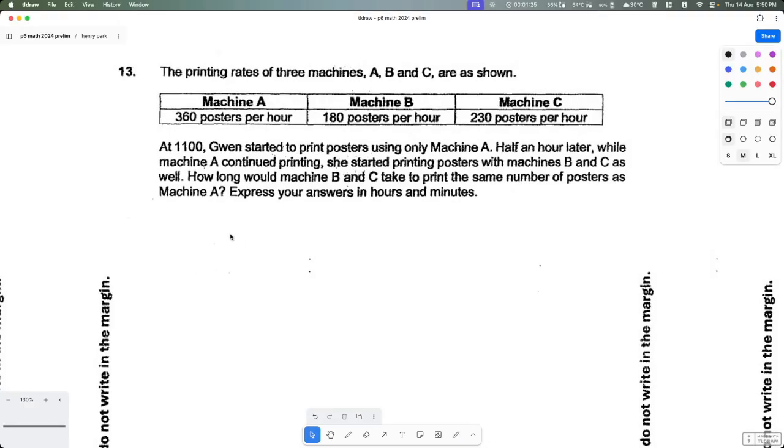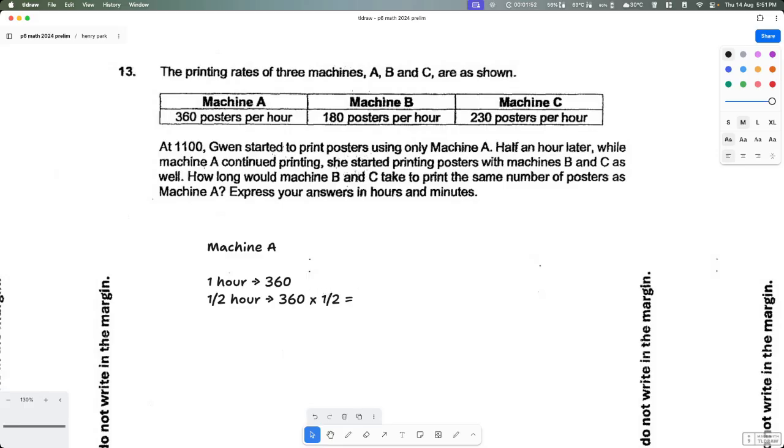So first, for machine A, for 1 hour, it is 360 posters. So half an hour is equal to 360 divided by 2, or times half, either way works.